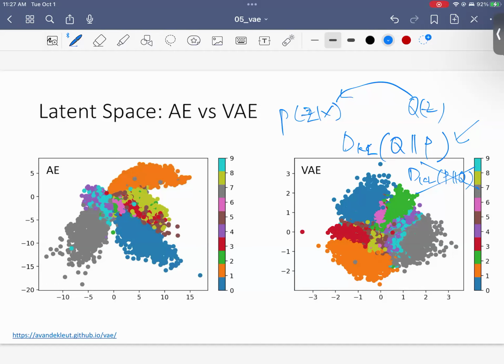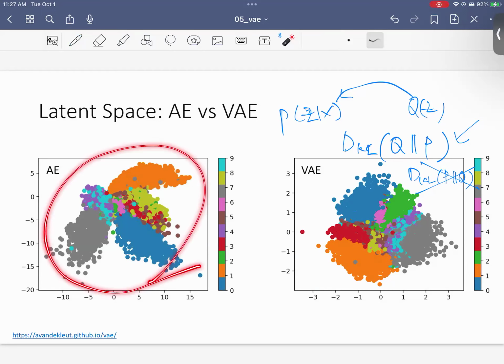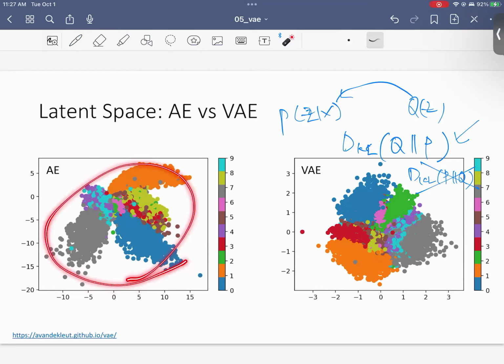Are we losing something? Obviously, there's a chance that your reconstruction performance will take a little bit of a hit. If the only objective that we enforce on our autoencoder is reconstruction loss, then this is what we get, and probably this is the optimal latent space to maximize your reconstruction performance, as opposed to enforcing a latent space that looks like a Gaussian distribution.